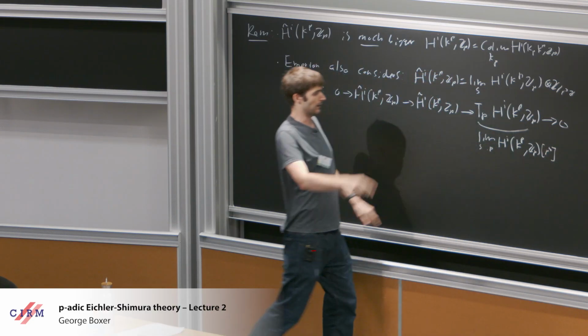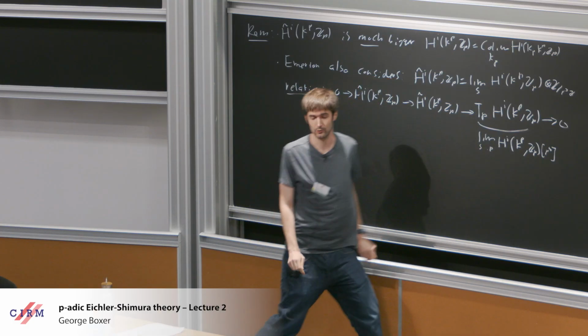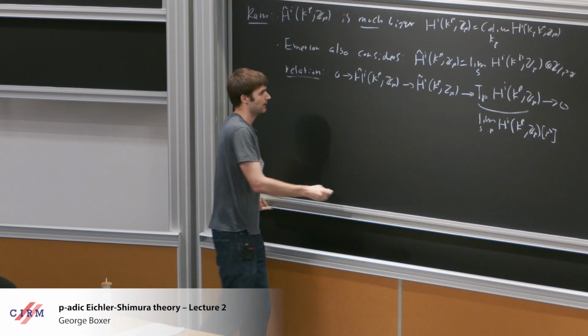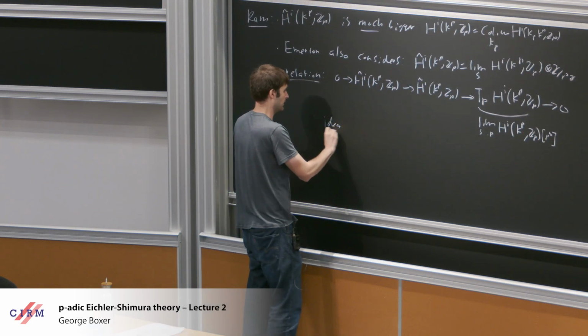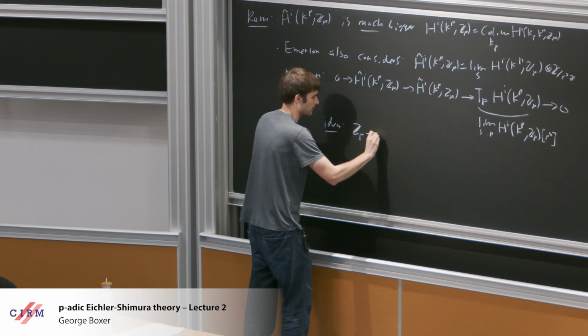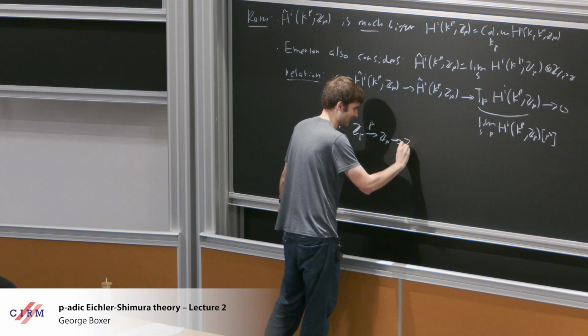So compatible systems under multiplication by p of p^s torsion in here. I'll leave this as a little exercise, but the idea to prove this is that you just look at the usual Bockstein sequence.